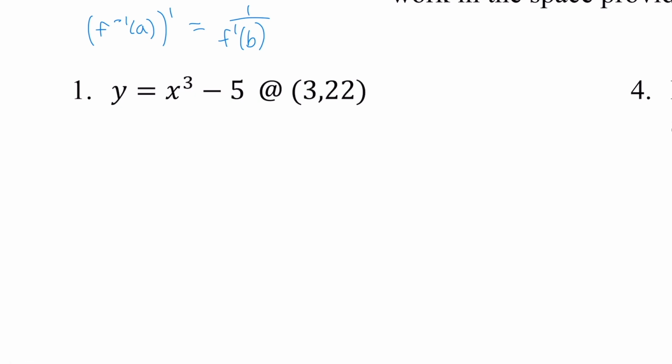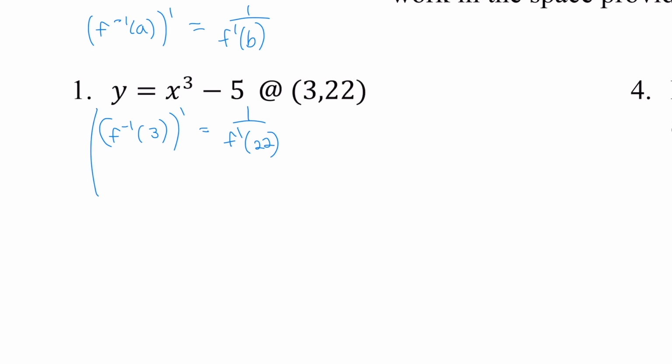And then number 1 says y equals x to the third minus 5, at 3 and 22. So we're trying to find f inverse at 3 derivative, which can be given by 1 over f prime of 22.